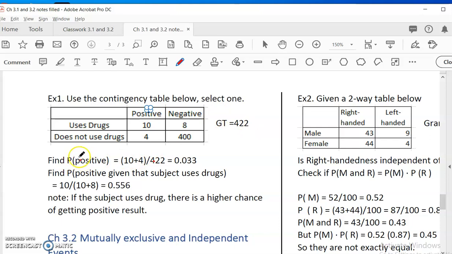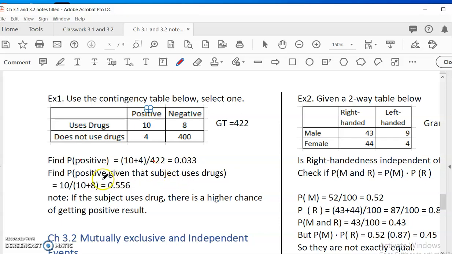So someone administers a test, you can think you will sit there: how much chance would I get a positive result back? That would be 14 out of 422. Now, if you are someone actually taking the test yourself, you know whether you have taken drugs.